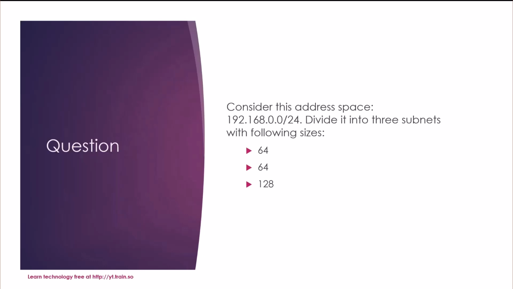Okay, Pritham has shared 192.168.0.0/26, 192.168.0.64/26, 192.168.0.128/25. So the first part of a similar problem we have already solved, right?